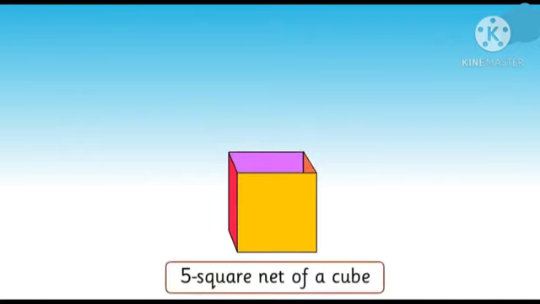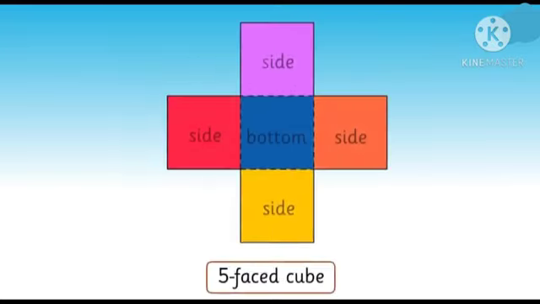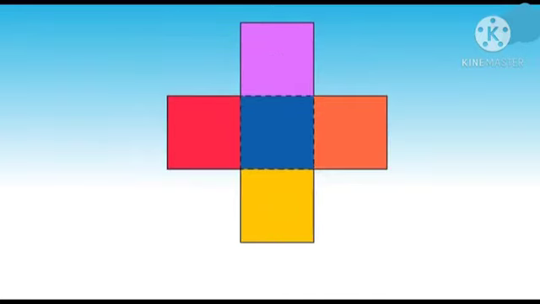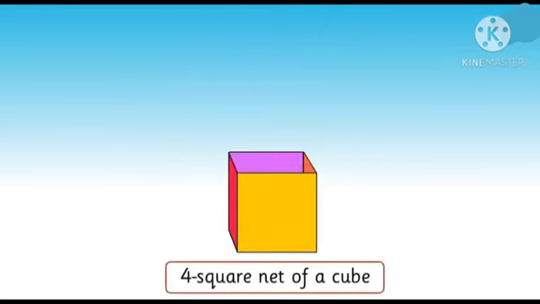It forms an open box. It is a 5-faced cube. Lastly, remove the bottom part also. We get 4 square net. It is a 4-faced cube.